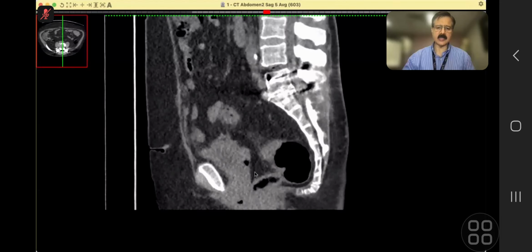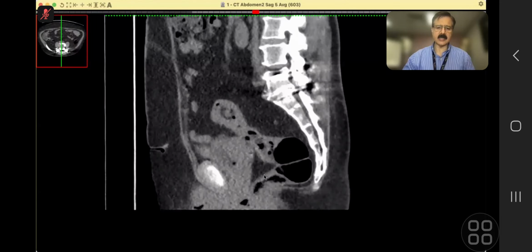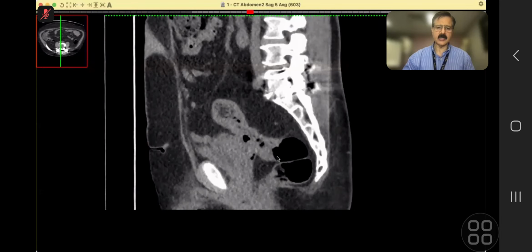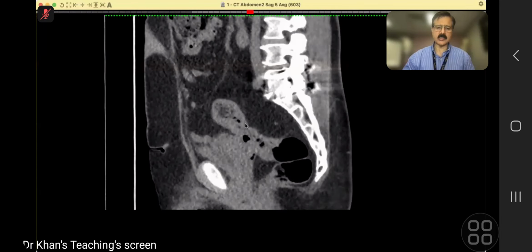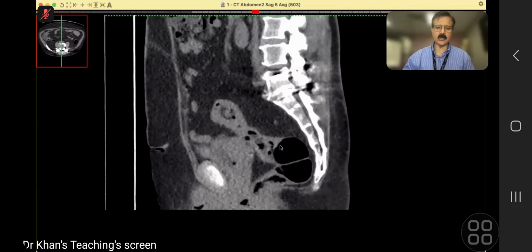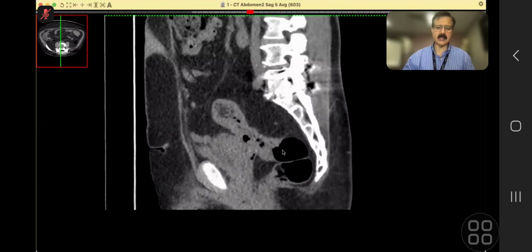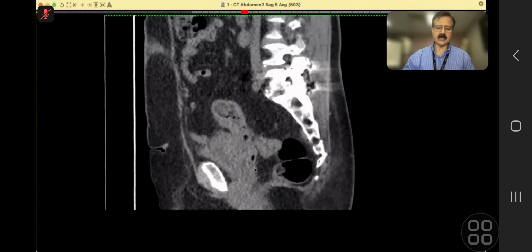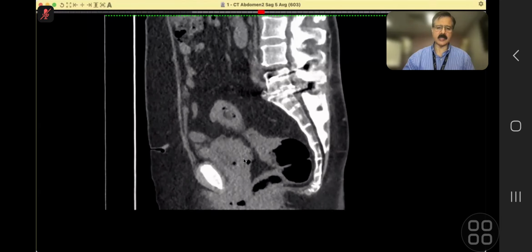There is an air bubble there. And then there is a lot of soft tissue, as you mentioned. And this soft tissue is not abutting, it is adherent to the sigmoid colon. And in the vagina, there are some air bubbles even here downstairs.